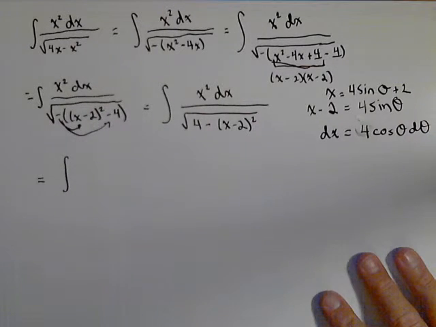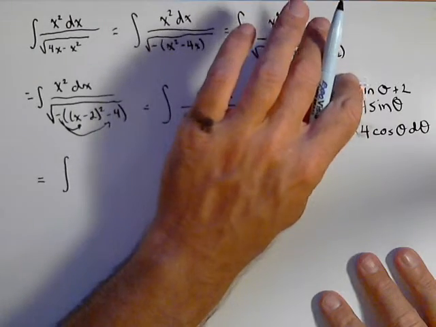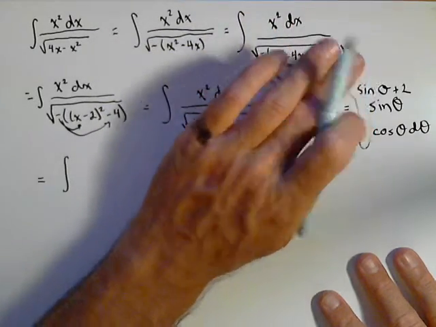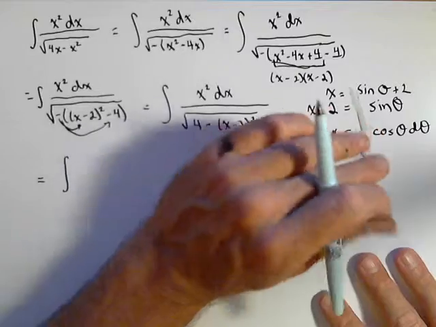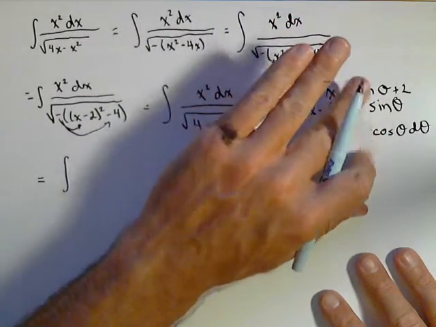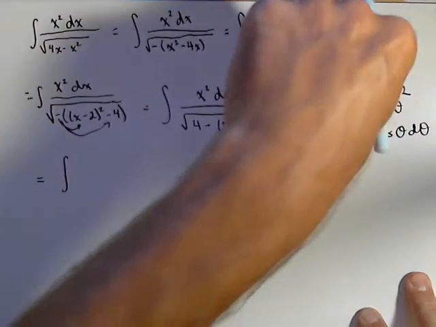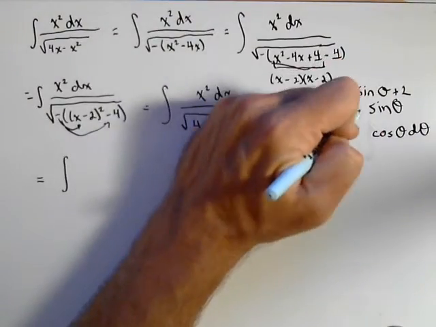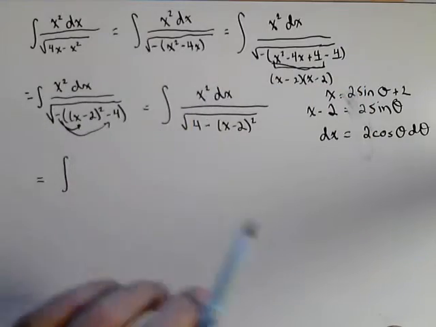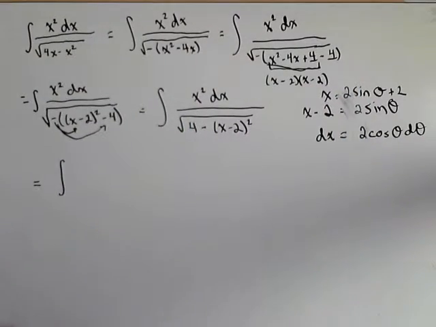I apologize, I have a mistake here. I'm going to fix this. It should not be 4 sine theta. You guys probably already caught it. That should actually be 2 sine theta, because it should be the square root of 4. So we'll get this fixed and go back and get this thing done correctly. So even we make mistakes.